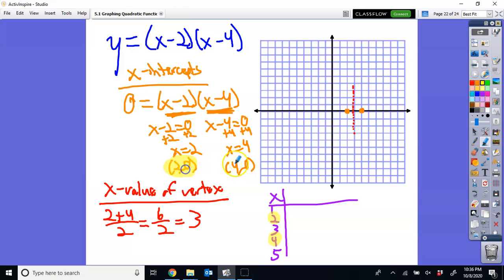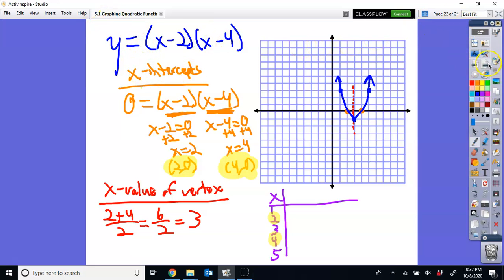I don't need to plug those in because I already know those. But I do need to find the vertex and the other points, and it'll give me a nice little shape of this graph. To save some time, I'll tell you that this one's going to end up here and here, and you're going to end up with that, quote unquote, I say normal looking parabola because there is no number out in front here.